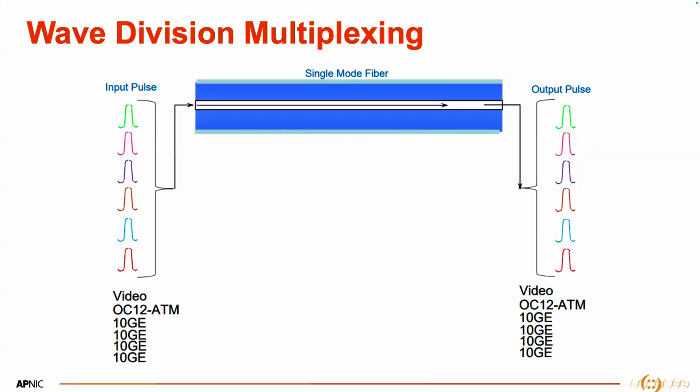It is not mandatory that only one single service is converted into one signal. One wavelength can carry all these different services as well. It depends on the granularity at the client end and the WAN end.